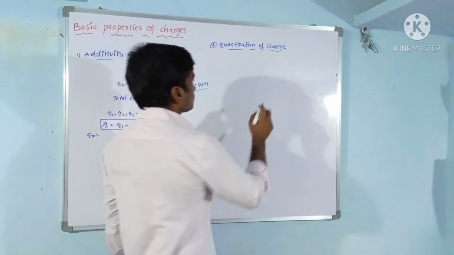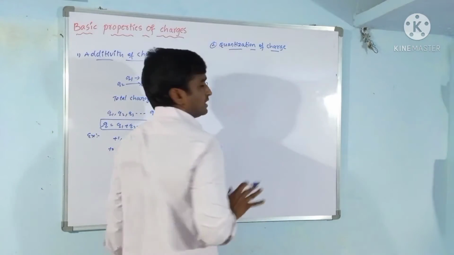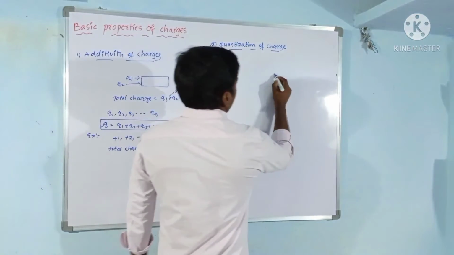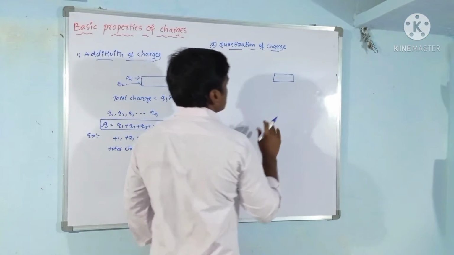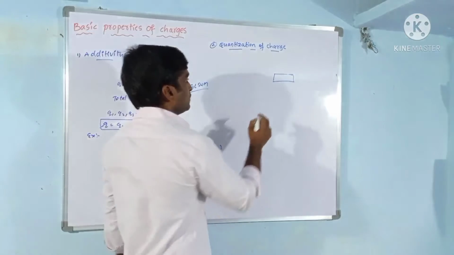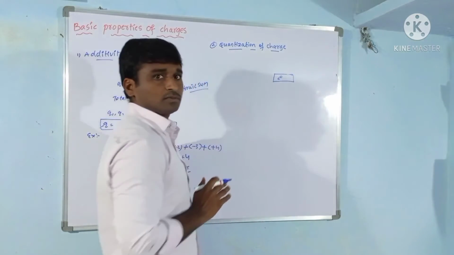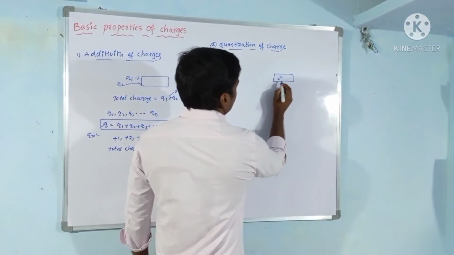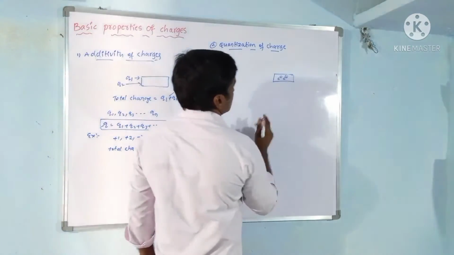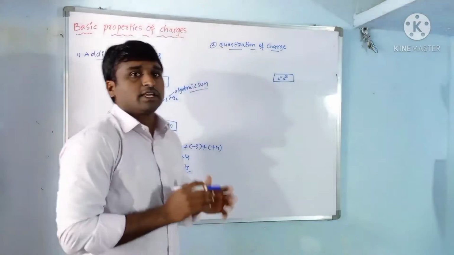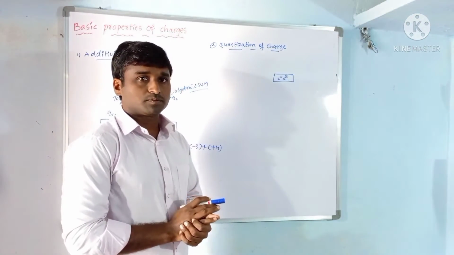This is nothing but the calculation of charge. Suppose this is a plate or a body. If one electron is there, what is the charge of this body? If I put 2 electrons, what is the charge of the body?